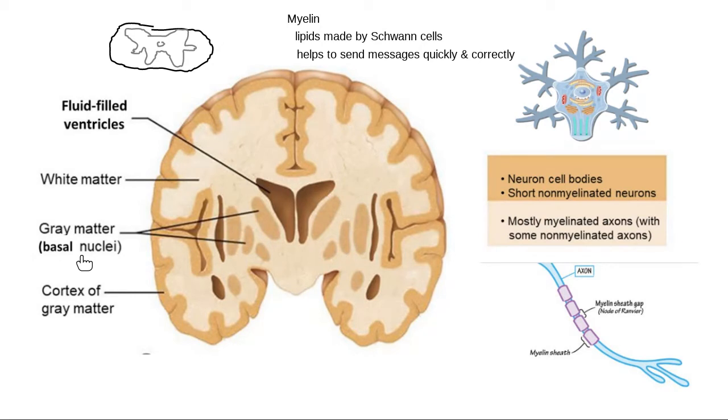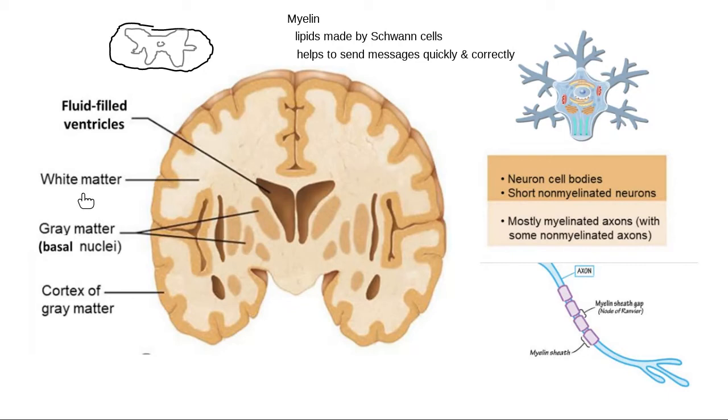So most of the gray matter of the brain is on the outside in something that we call the cerebral cortex. Cerebral cortex on the outside. Some of it, though, in the very middle in what we call the basal nuclei. For the most part, though, most of what's on the inside is that white matter.